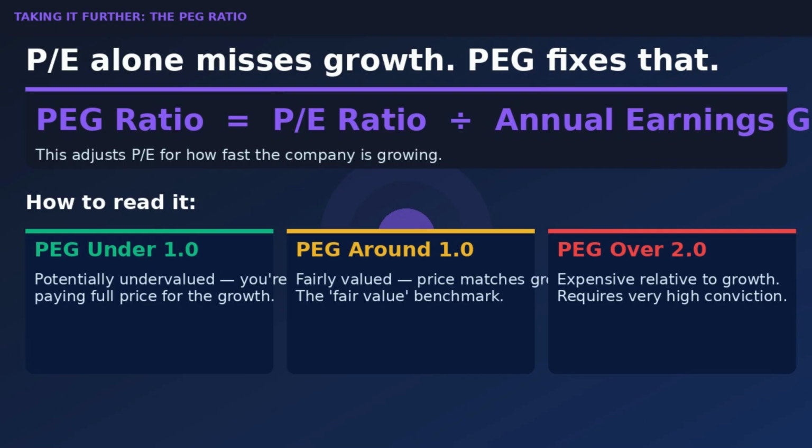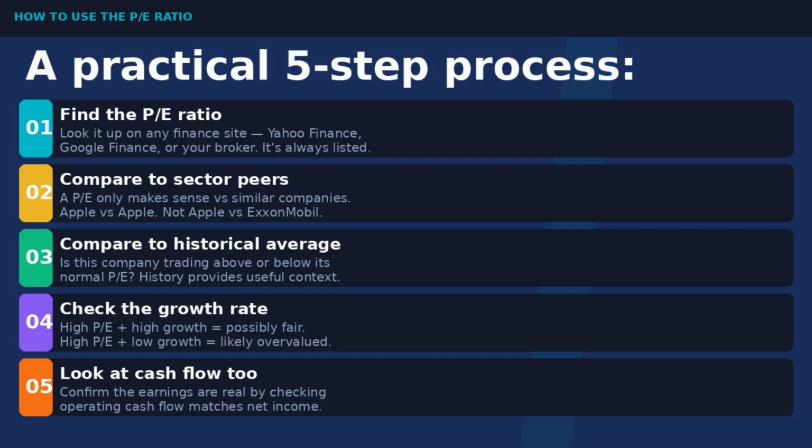The price approximately matches the growth rate. A PEG above 2 generally suggests the stock is expensive relative to its growth. This requires strong conviction that the growth rate will accelerate further. The PEG ratio is particularly useful when comparing high-growth companies, where a high PE alone might look alarming, but is actually justified.